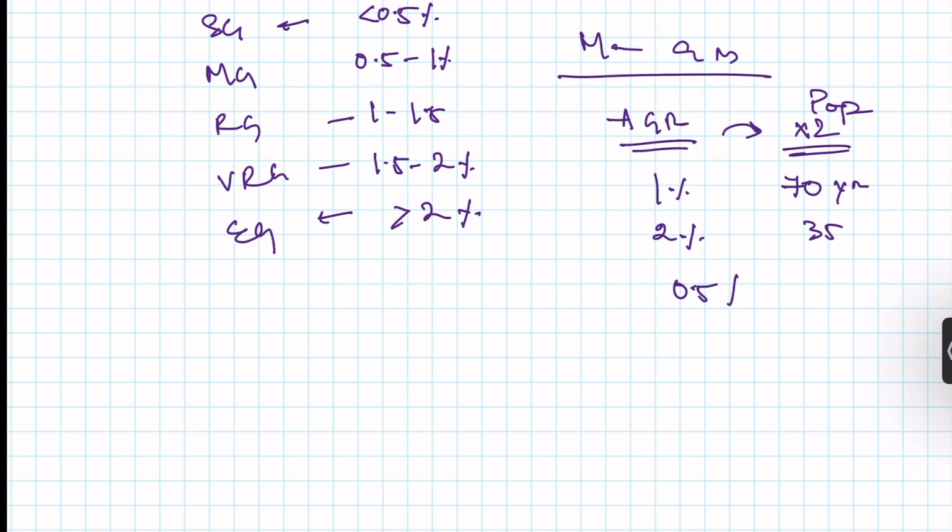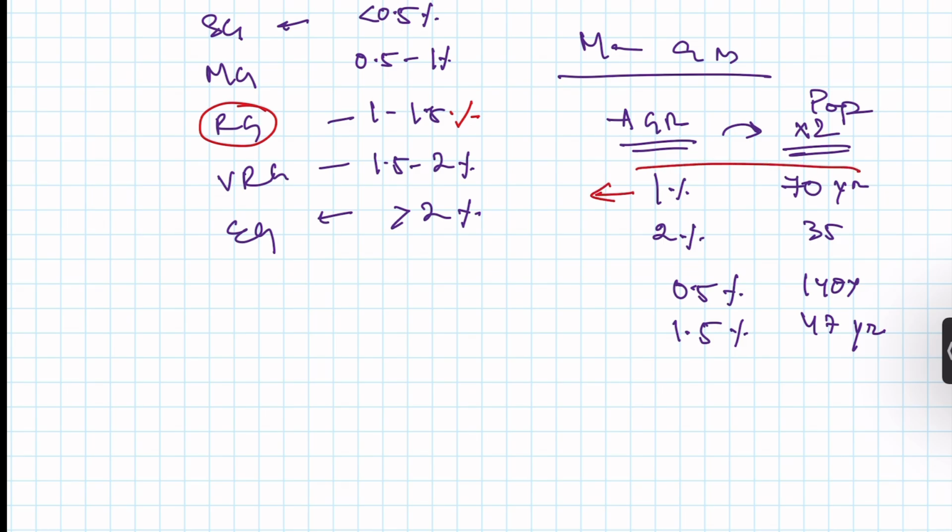If it is 0.5%, then it is 140 years, and if it is 1.5%, then it is 47 years. So in all of these, where does India lie? India is rapid growing, that is 1 to 1.5% annual growth rate. And according to the Malthusian growth model, it belongs to 1%. So that is about India.